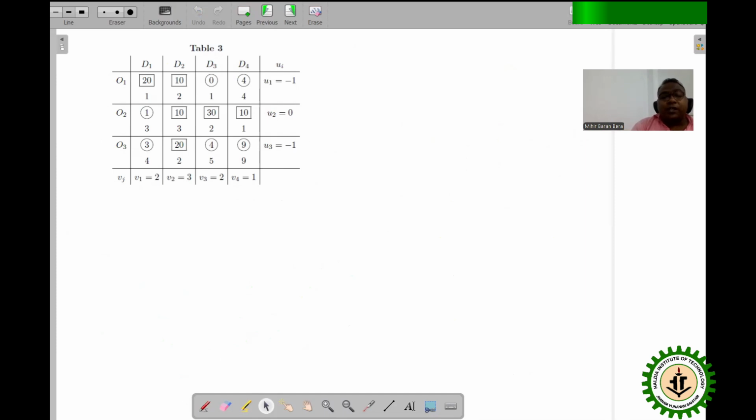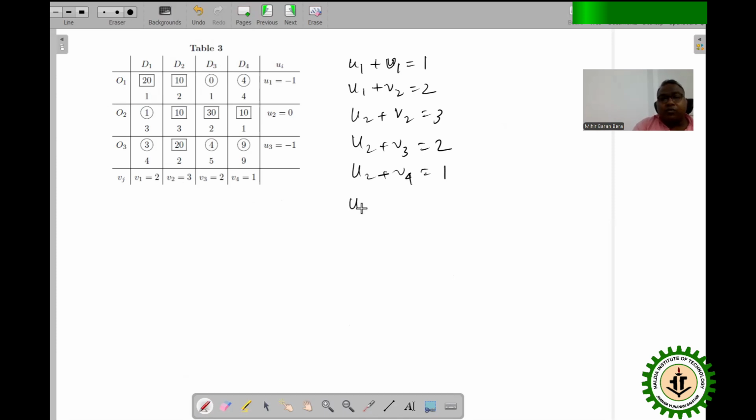Once again, you can see that the maximum allocation is in this row, or you can consider this one also.